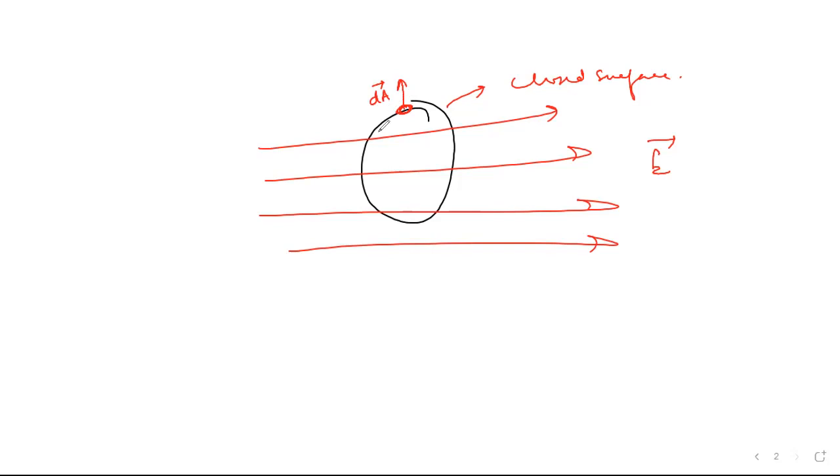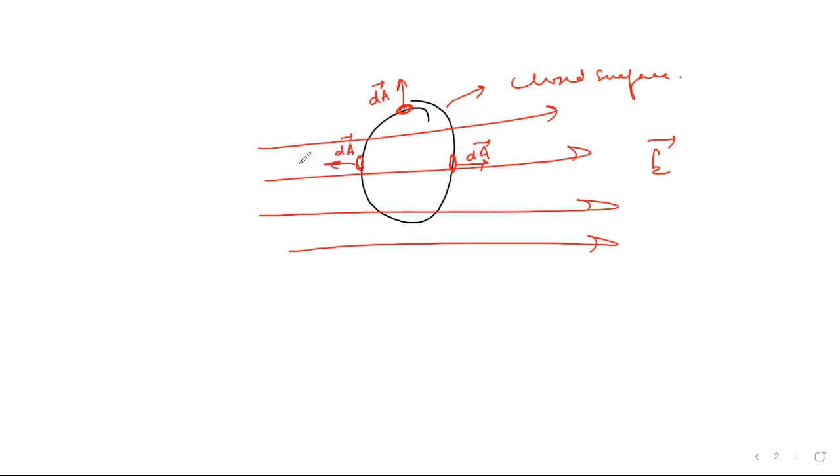This is the convention for closed surfaces. We take the area vector representing the patch of the area as outward normal, right? Similarly, here this dA representing the area of this patch is outward normal. Here this dA will be this way.